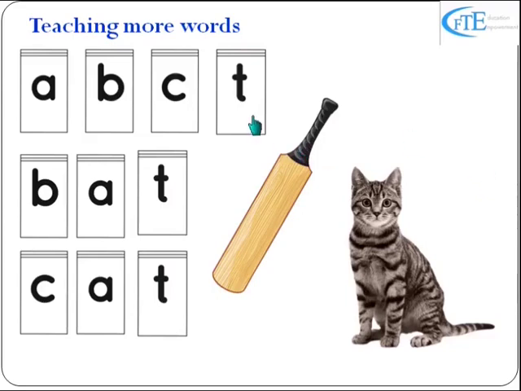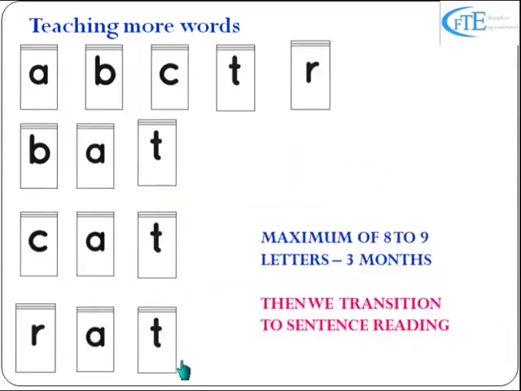So when we introduce t, we get the child to read bat, cat. And so we continue introducing letters after t, r, bat, cat, rat. There is no set of letters that we need to teach first.